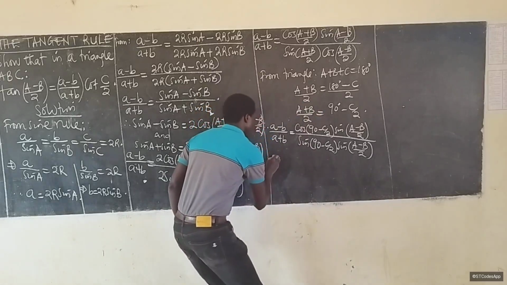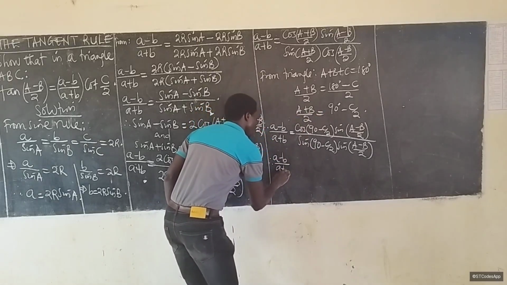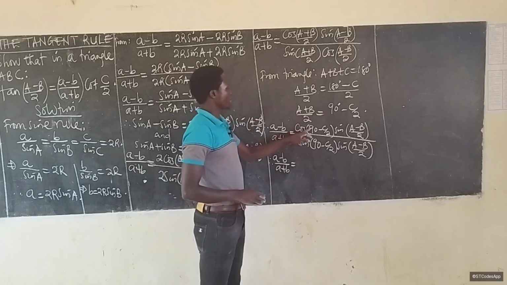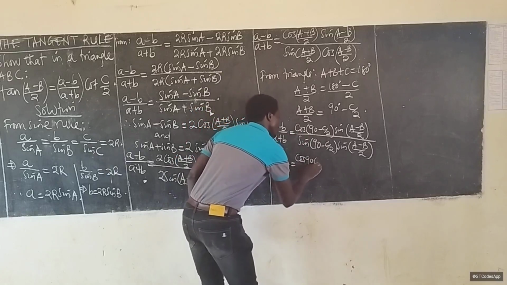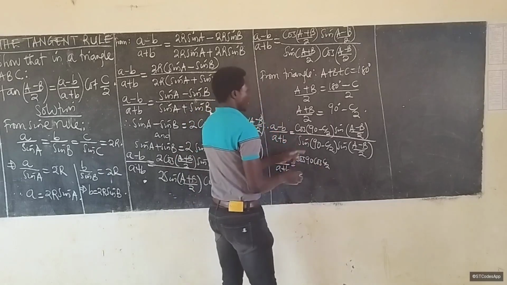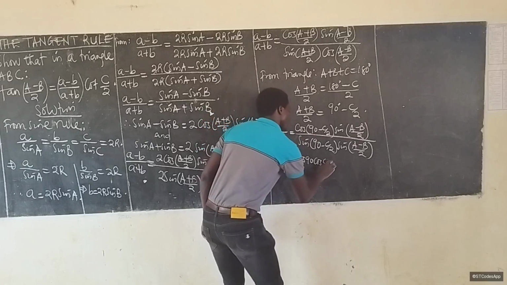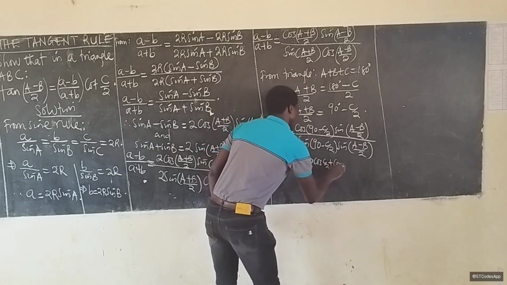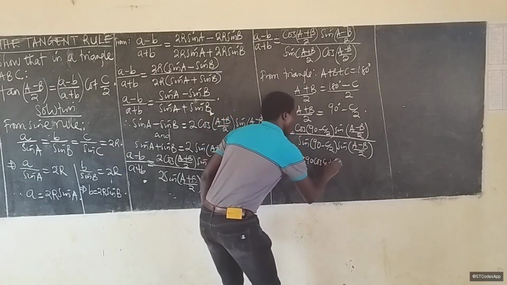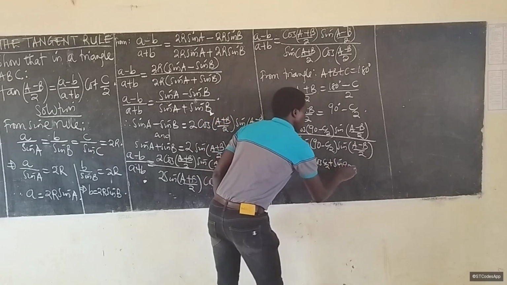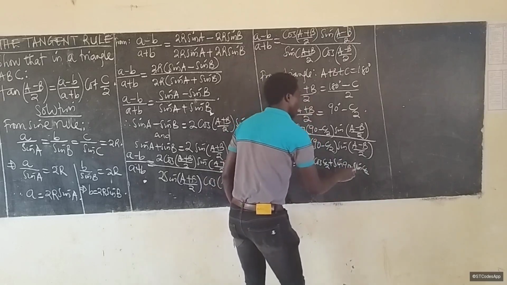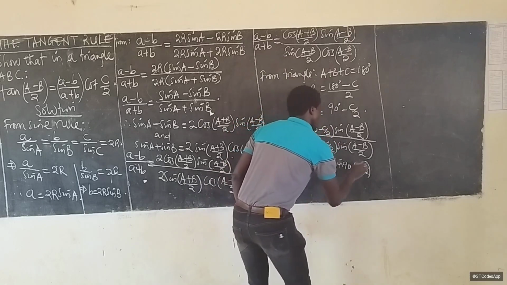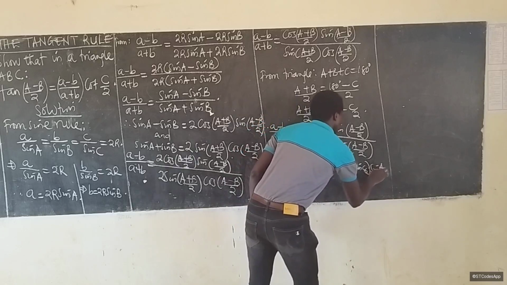When I expand the cosine, I will have cosine of 90 times cosine of C out of 2. Then the sign changes to positive: sine of 90 times sine of C out of 2, then times sine of (A minus B) out of 2.